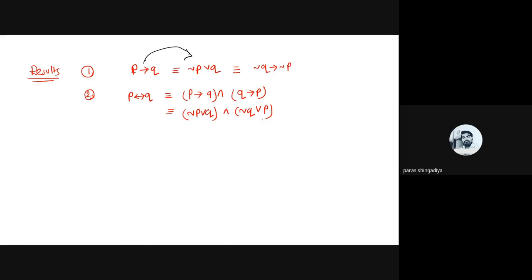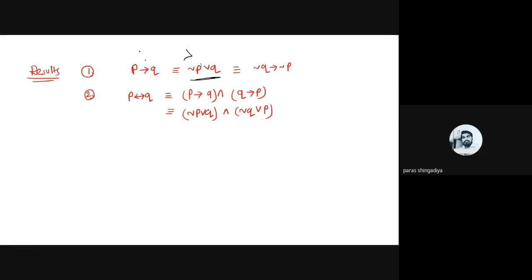If it is difficult to understand P conditional Q, then in place of that you can find this answer, negation P or negation Q. So this is an equivalent form. Otherwise you can use negation P conditional negation Q, that is also one equivalent form, and you will get the same answer for all these three.